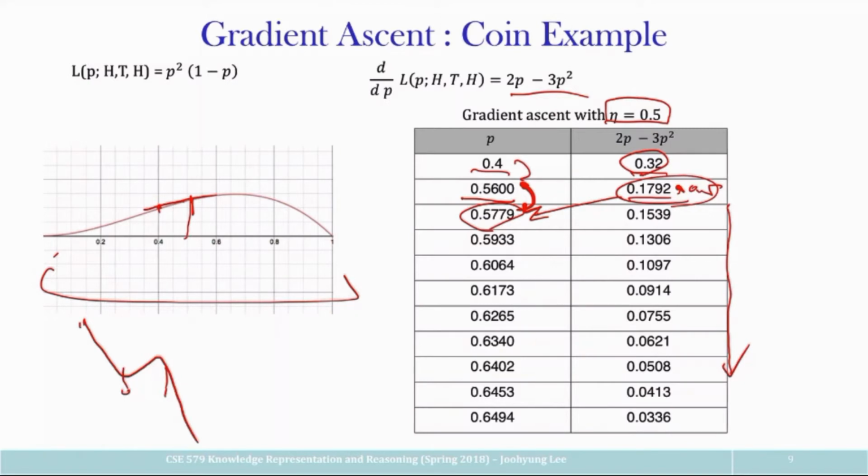It gets smaller and smaller, and p gets bigger and bigger. I didn't go through all the way, but at 0.66, you can find out, of course, this gradient is 0, and we can stop there. So that's somewhere here, which is the maximum value. Pretty simple. All right, any question up to this part?